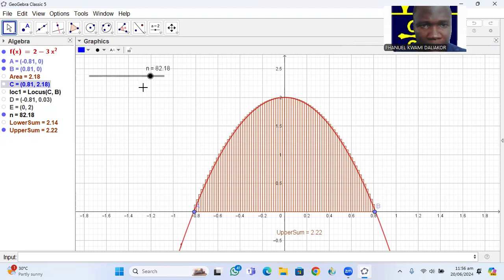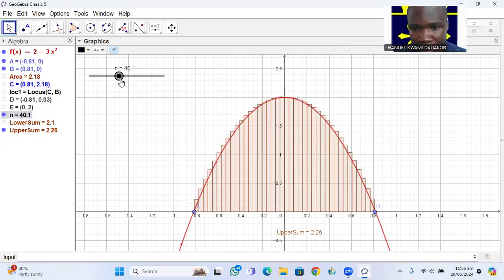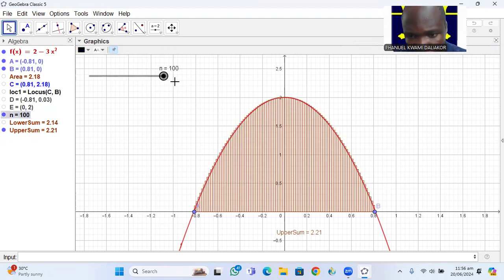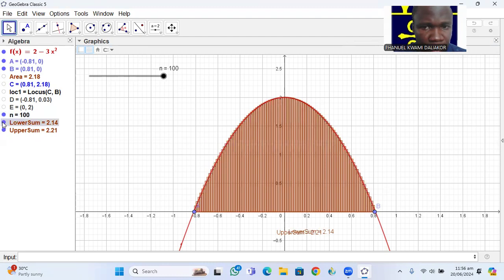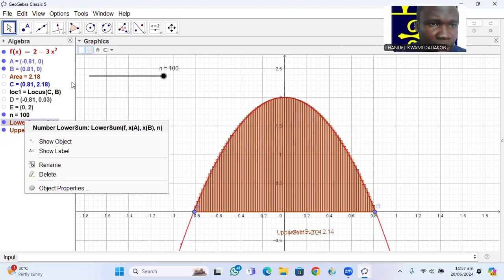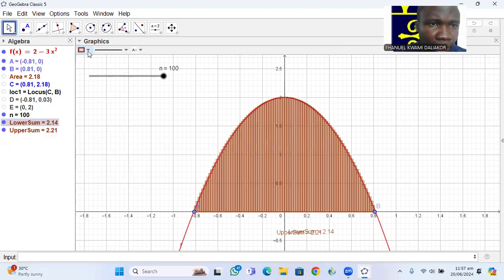So this one we have the upper sum there. And the upper sum is 2.21. Whilst our lower sum is 2.14. And that of area under the curve is, so I would like to change their colors to differentiate them.